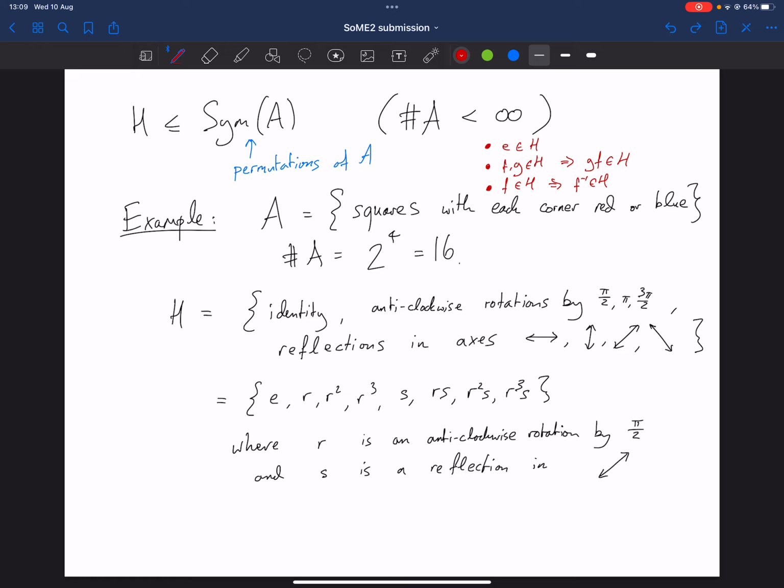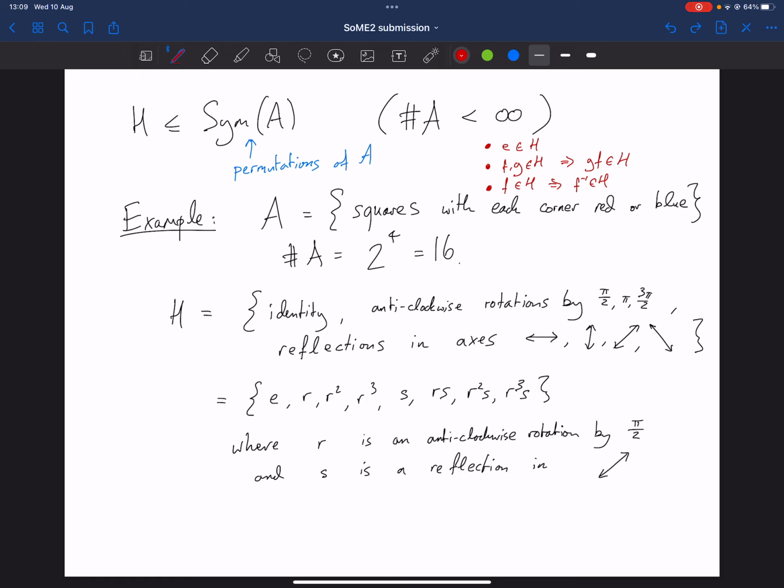One way we can write these 8 permutations is in terms of just 2 of them, called R and S, where R is a quarter turn anti-clockwise rotation and S is a reflection in this particular axis. And then by combining R and S in particular ways, we can represent all of the other permutations in our subgroup.